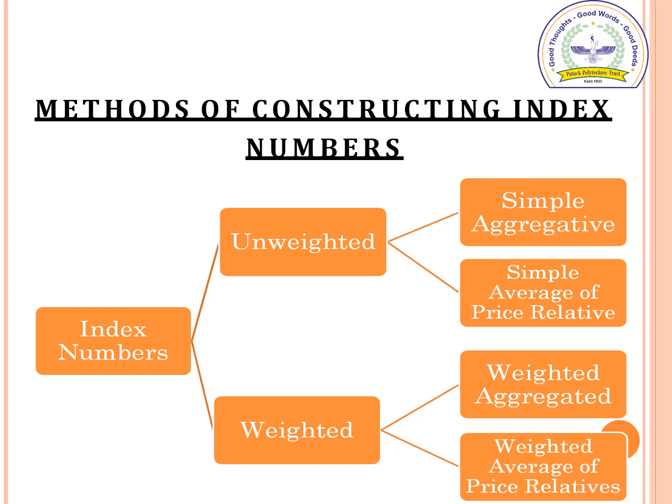Unweighted index number can be calculated using simple aggregative method and simple average of price relative. Weighted index number can be calculated using weighted aggregative method and weighted average of price relative.